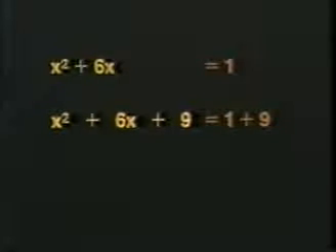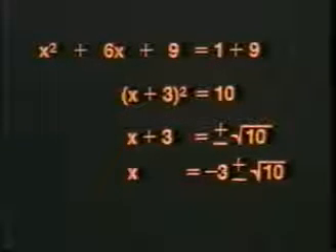The answer? We'd quickly find that x squared plus 6x plus 9 is a perfect square, x plus 3 squared. So we could shift right back to method number 1, take the square root of both sides, and get our final answer. X equals negative 3 plus or minus the square root of 10.